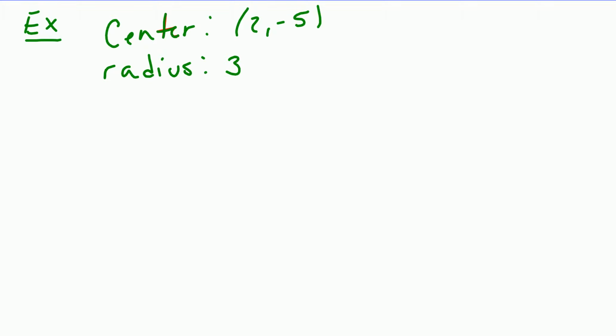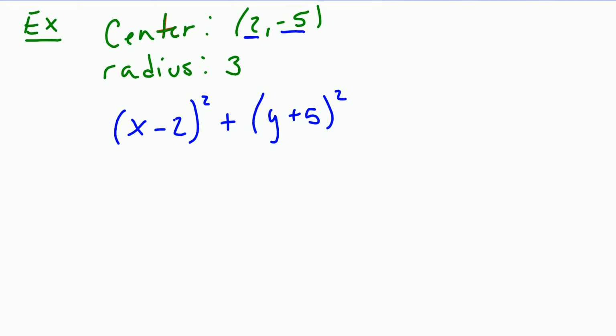Right, so using our equation, we're going to say x minus 2 squared plus y minus negative 5 would be plus 5 squared equals our radius squared, so 3 squared is 9.